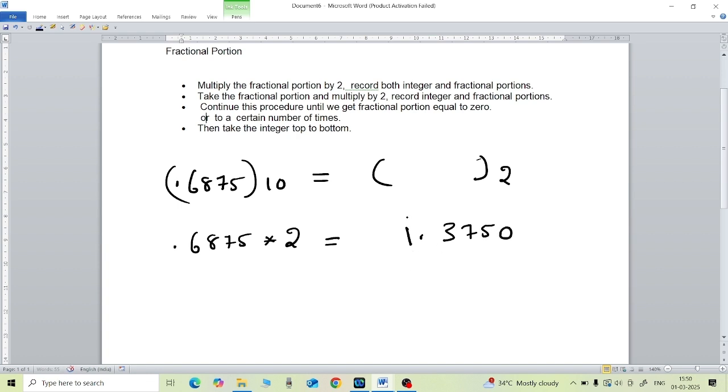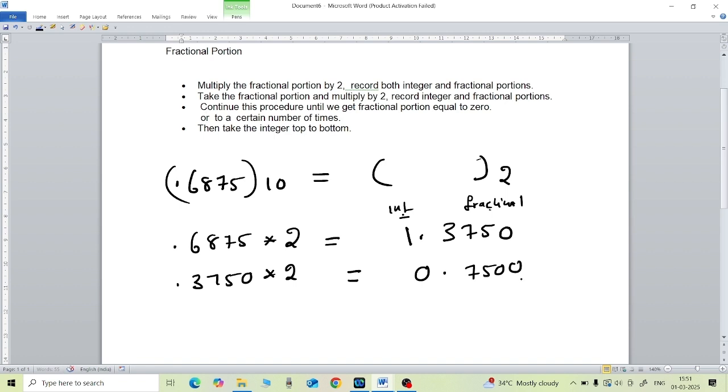Okay, so this one is the integer portion, and this is the fractional portion, that is 0.3750. So take the 0.3750, that is the fractional portion. Again continue multiplying. 0.3750 into 2 will give 0.7500.